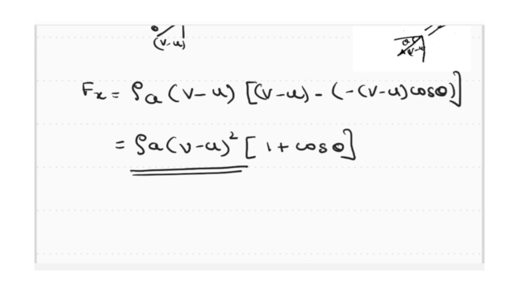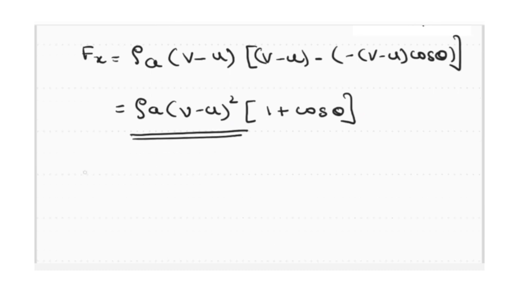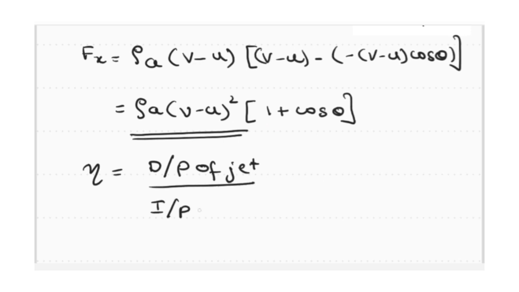So this will be the equation for Fx. Now I will go with the efficiency. We should show the maximum efficiency, so we should go with the efficiency equation. Efficiency is output of jet divided by input of jet.